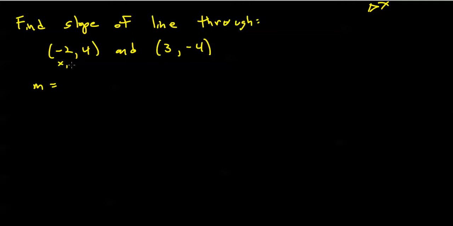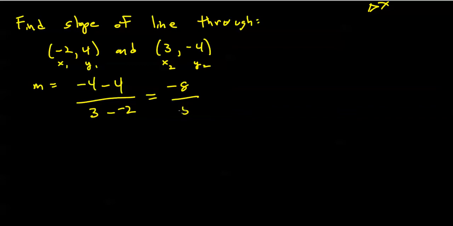What I usually do is let the first point mentioned be x1, y1, and the second point mentioned be x2, y2. Of course, you could label these points in any way you like, and it'll all come out in the wash. Well, if my slope is y2 minus y1 over x2 minus x1, that turns into a negative 8 divided by positive 5, so the slope of this line is -8/5.